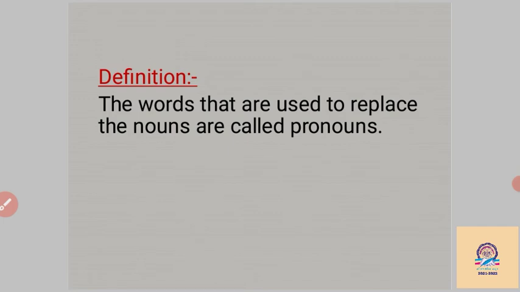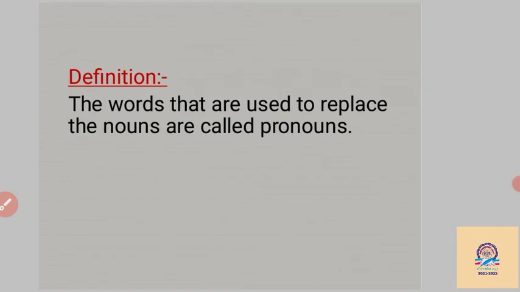But we use one noun in a sentence only one time, and if we want to use that noun a second time or more, we have to use a pronoun instead of the noun. So pronoun is used instead of a noun, or in other words, a pronoun avoids the repetition of a noun.